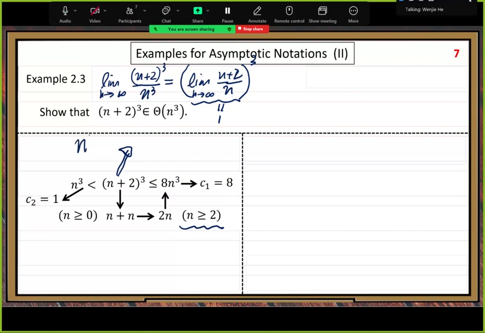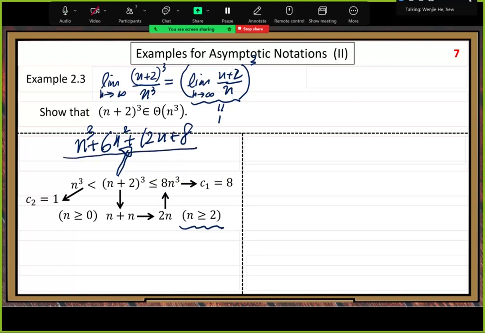So they expand it: n cubed plus 3 times n squared times 2, which is 6n squared, plus 3 times n times 2 squared, which is 12n, plus 8. They expand n plus 2 cubed into this polynomial.